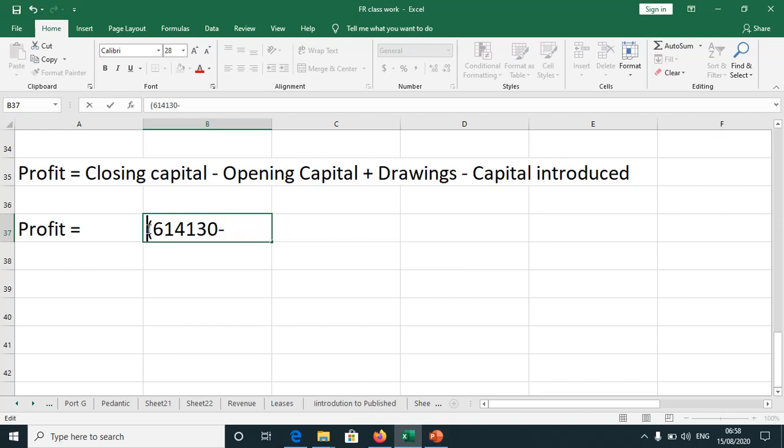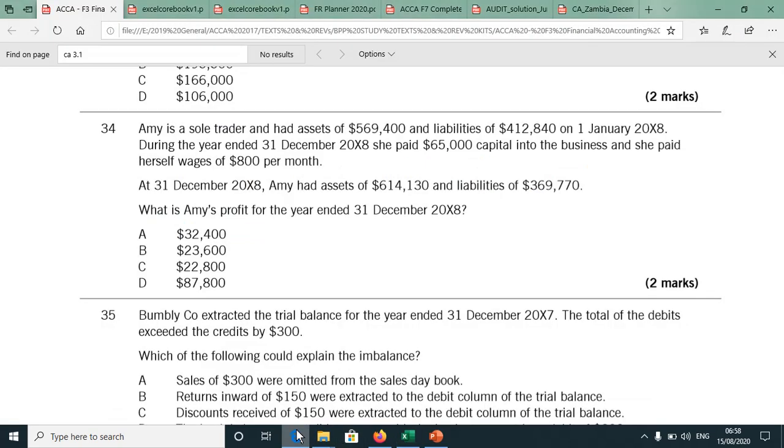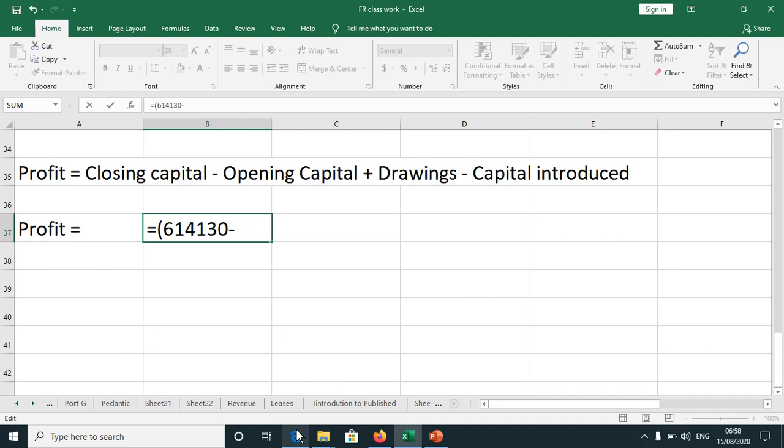I think I'll need just to put the formula already here because of time. So 614,130 minus 369,770, close brackets, minus, again I go now to the top there.